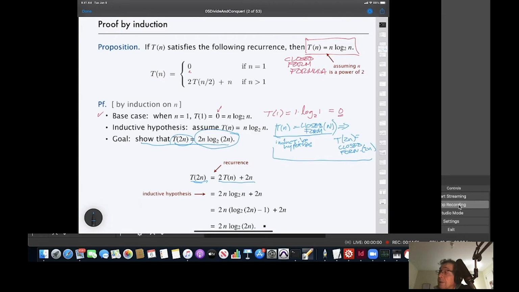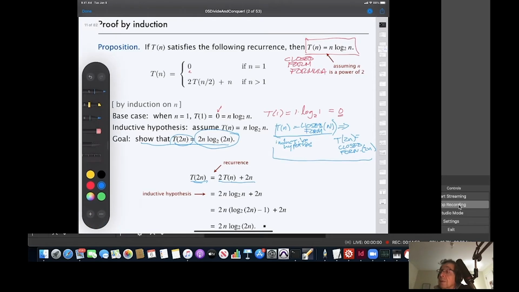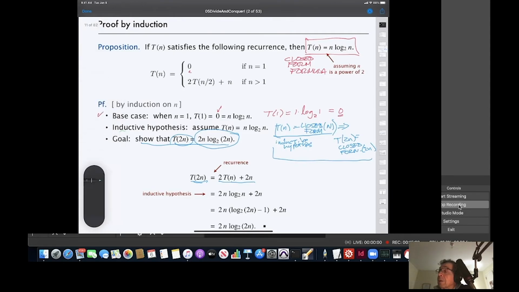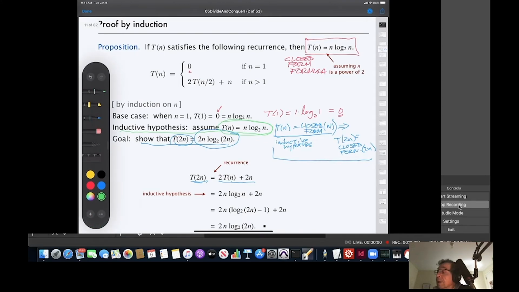So instead of T of n, we can plug in the closed formula. Again, I will encircle the inductive hypothesis in green. This is the inductive hypothesis, and this is what I will apply here.